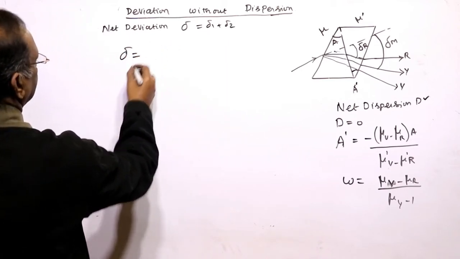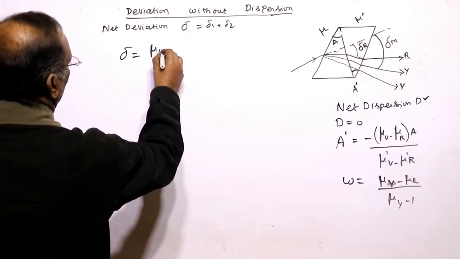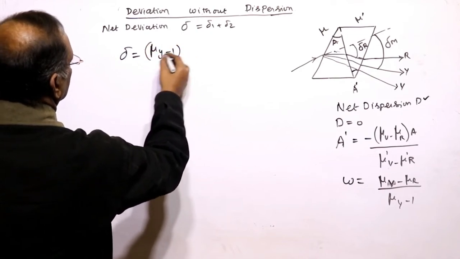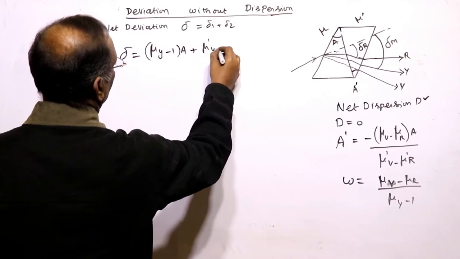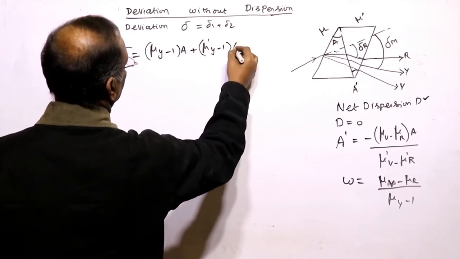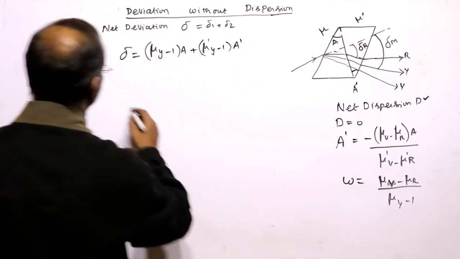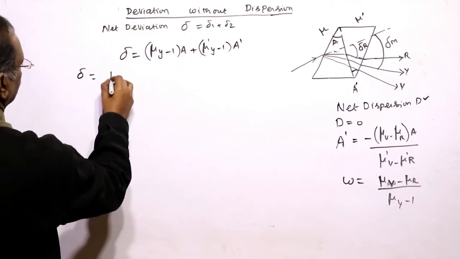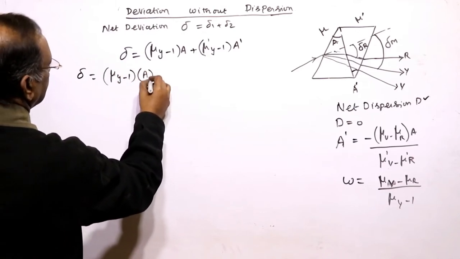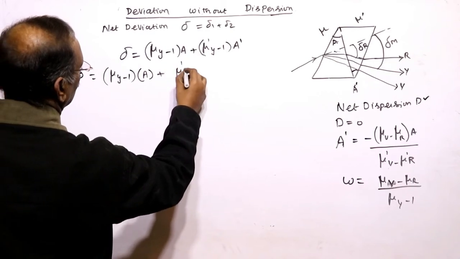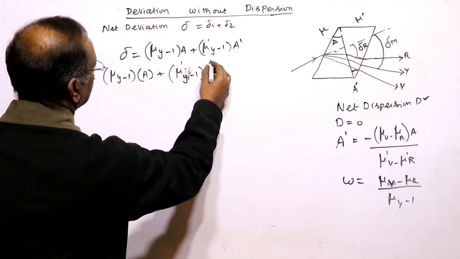So net deviation is equal to delta 1 plus delta 2, which is mu of y minus 1 into A plus mu dash of yellow minus 1 into A dash. Putting the value of A dash from this expression, delta is equal to mu of y minus 1 into A plus mu dash of y minus 1 into A dash.